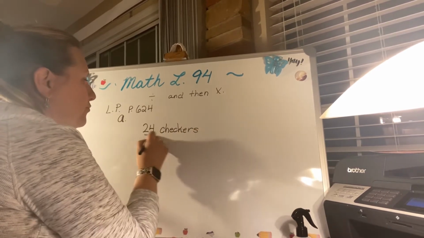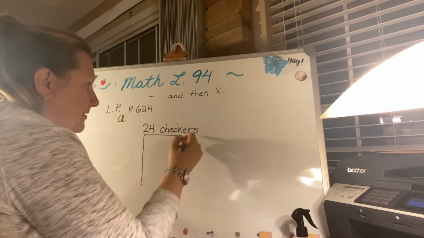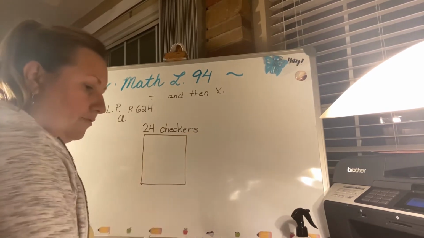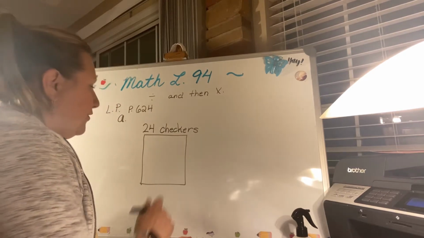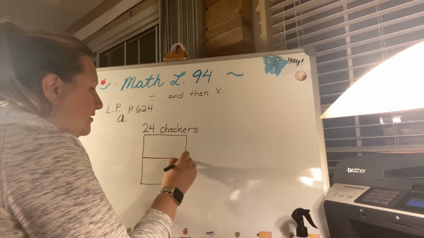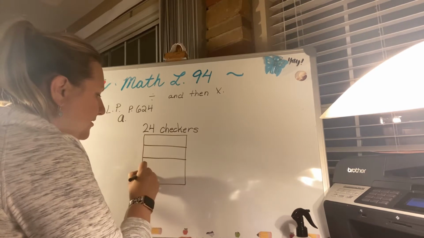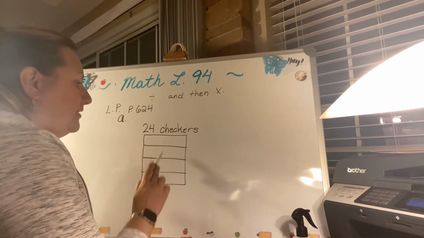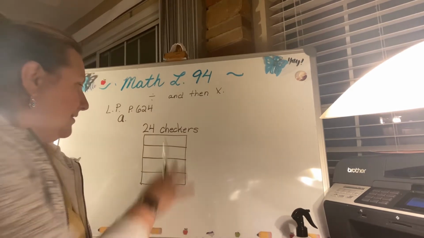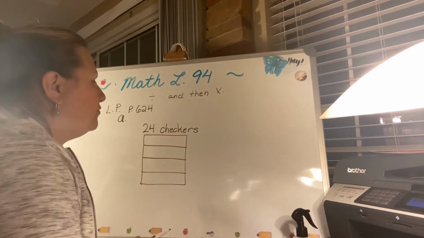So there we go, 24 checker pieces. We're going to draw a little box, and it said 3/4, which means we need to divide this into 4 equal parts. Then we need to figure out how many checkers would be in each of those parts.